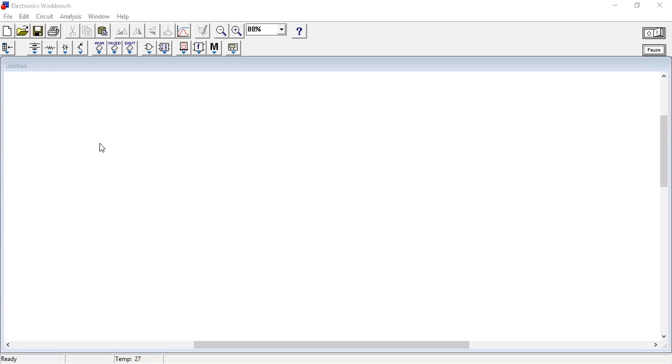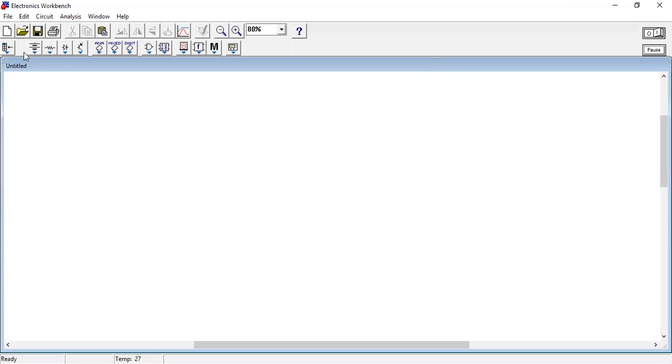Okay, so we will use the AC source. You can see the taskbar here: sources, basics, diodes, transistors, analog ICs, mixed ICs, digital ICs, logic gates, digital, indicators, controls, miscellaneous, and instruments.